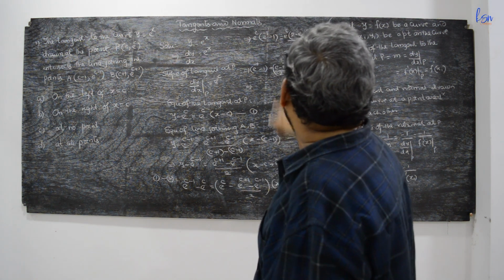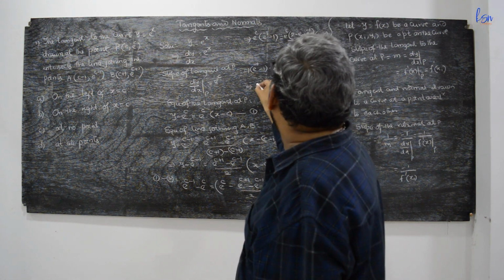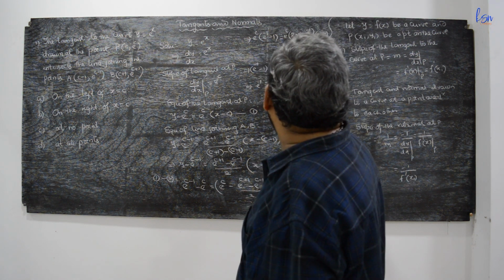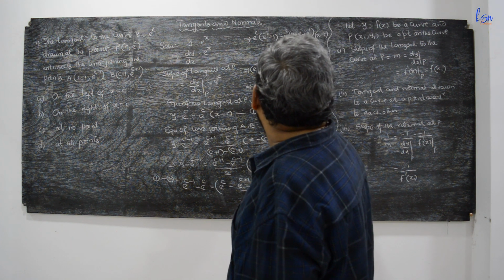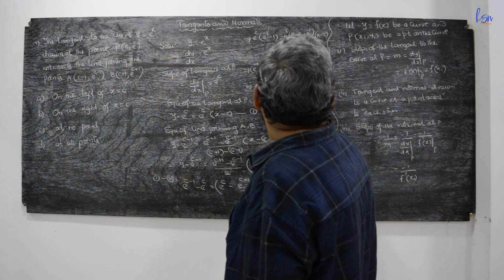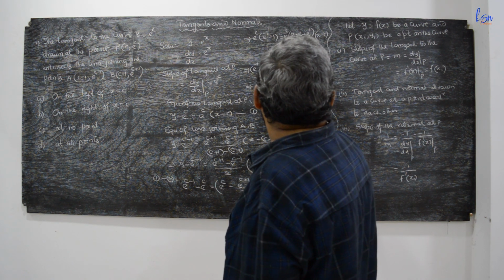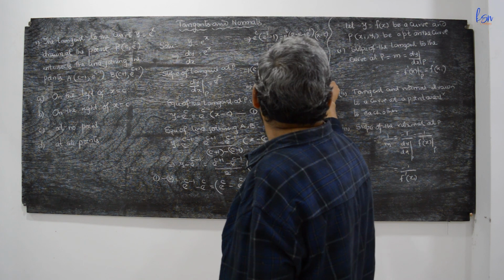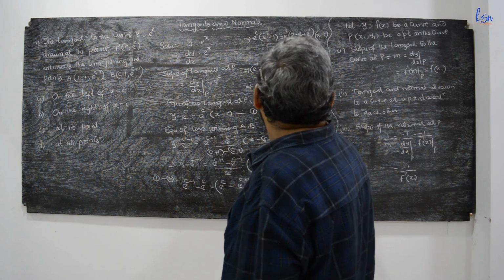This is equal to e power minus 1 plus e minus 1 by 2 is equal to (2 minus e plus e power minus 1) by 2 into (x minus c).